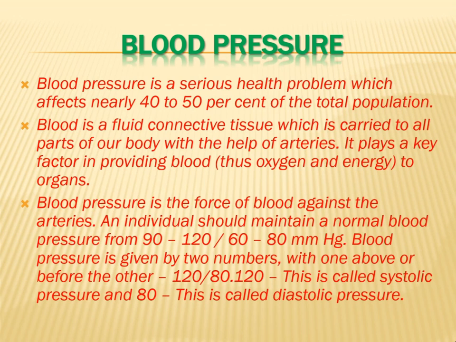All human beings should have a medium blood pressure. That would help a person to live on this earth. We have discussed the ill effects of high blood pressure as well as low blood pressure. Hope you have understood the different kinds of blood pressure. So let's move to the next slide.